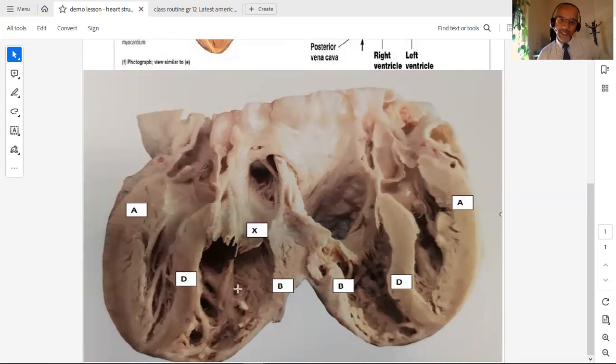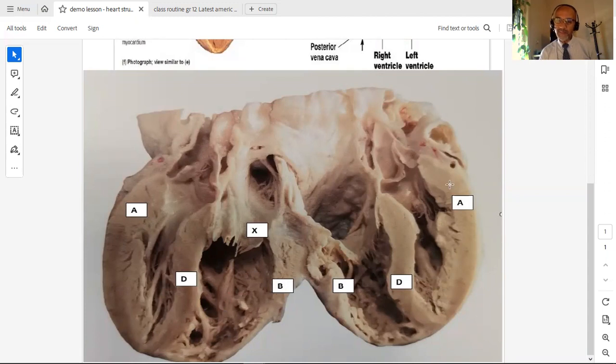And our B here has a much shorter distance to pump blood to, which is the lungs. So basically, a much shorter distance would require much less muscular structure to do so. And this is what we see here in this diagram, all right?